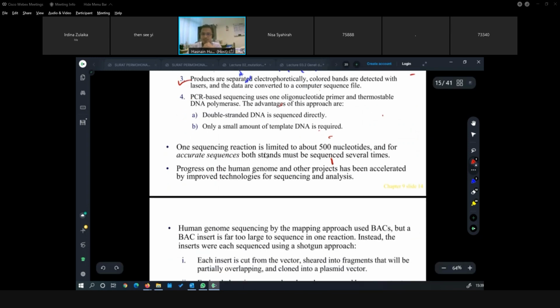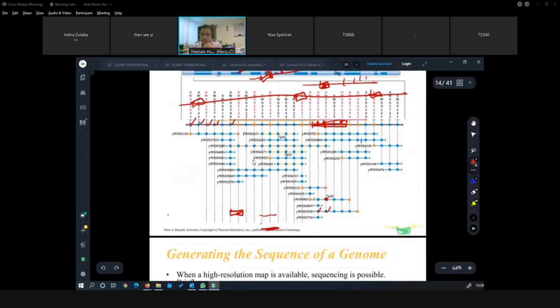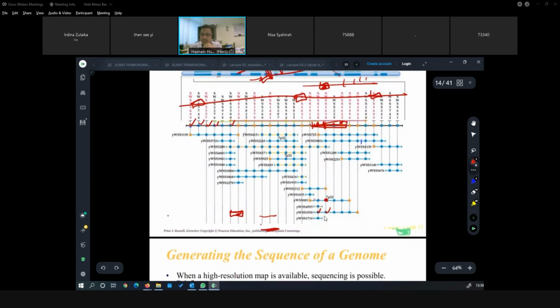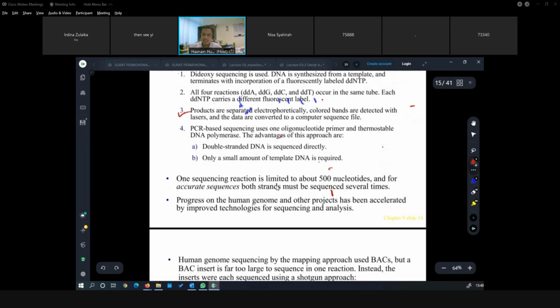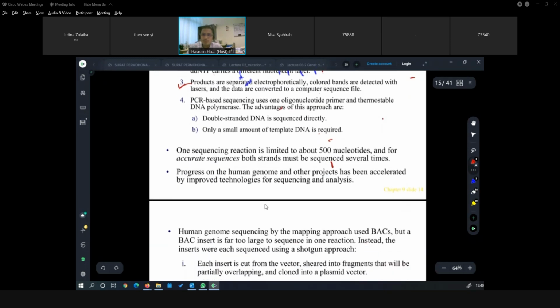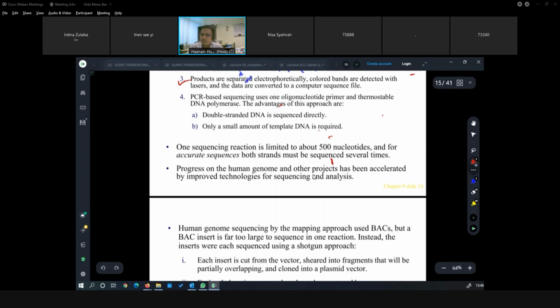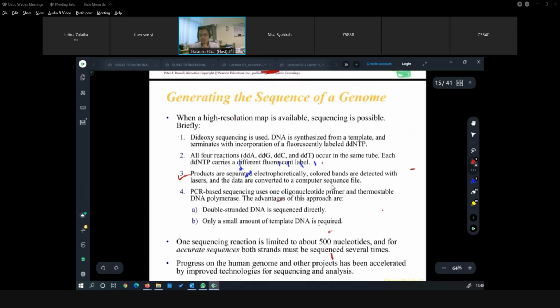So you just imagine like this, only 500 bases can be done in one reaction. So you have to do many different sequencing reactions in order to get the entire length. Progress of the human genome and other projects has been accelerated by improved technology for sequencing and analysis. For example, last time it was using the dideoxy or Sanger method. It is quite slow.